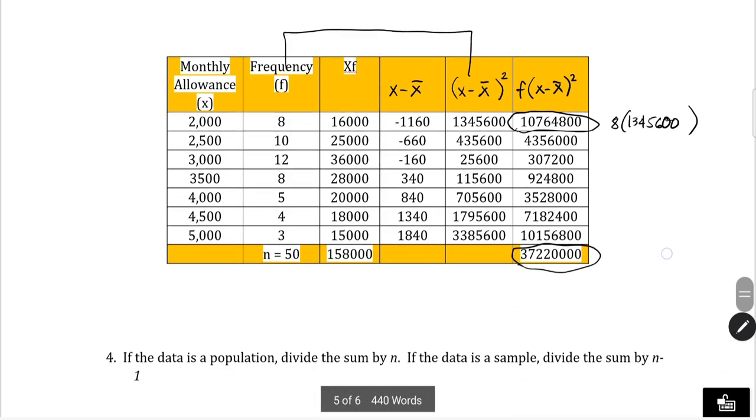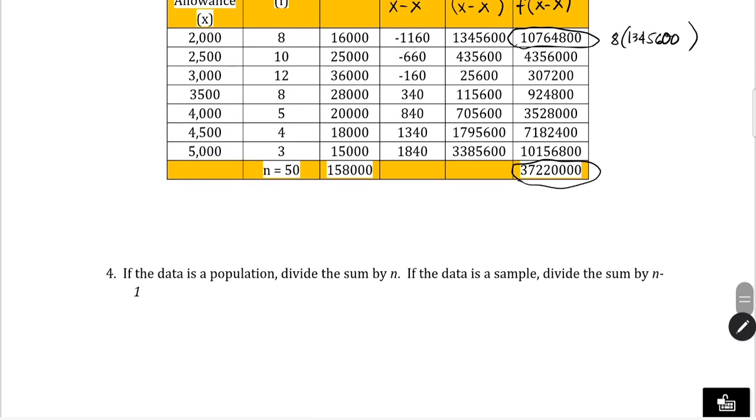So from here, we're going to use the formula for finding the variance. So the variance S squared would be equal to the summation of f times x minus bar x squared all over n minus 1, since we have a sample.